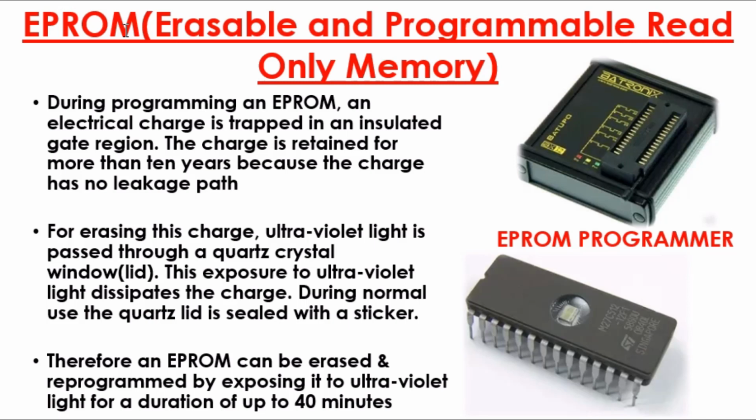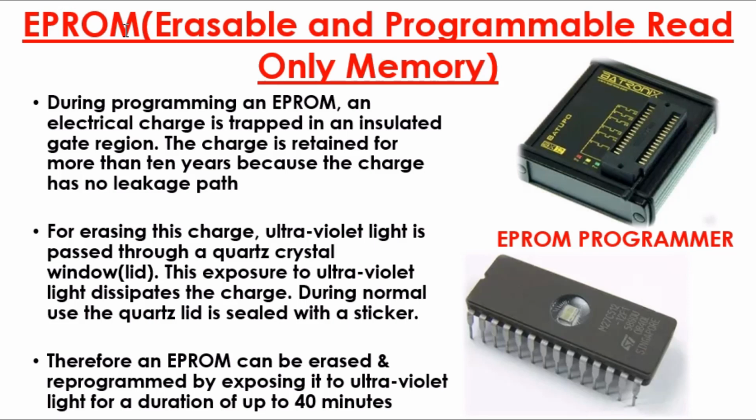This is done by the use of the EPROM programmer, and with us is an example of how the EPROM programmer looks like. Now, when it comes to erasing this type of read-only memory, we erase the charge.